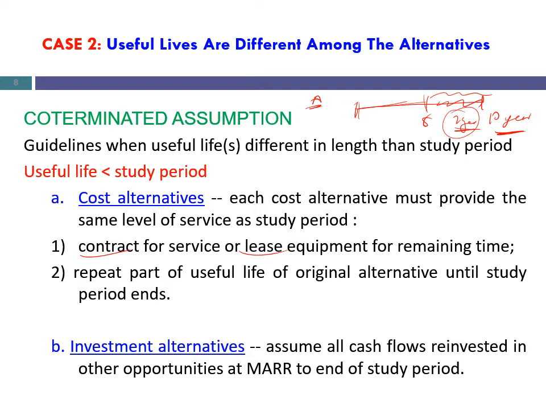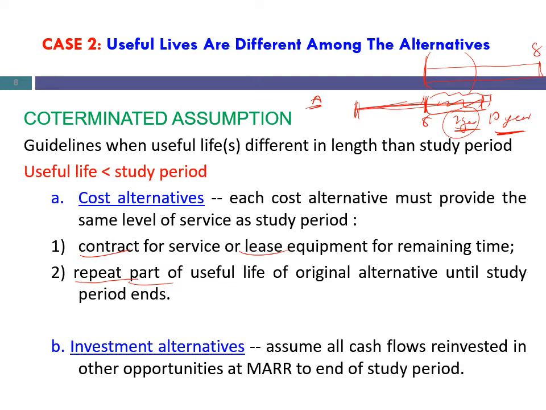Or what we can do is repeat some part of the useful life of the original alternative until the study period ends. So the study period is 10 years, our useful life is 8 years, so we repeat the project, but it is repeated, as you can see, for 8 years, and we only need it for 2 years. So we only use the first 2 years.